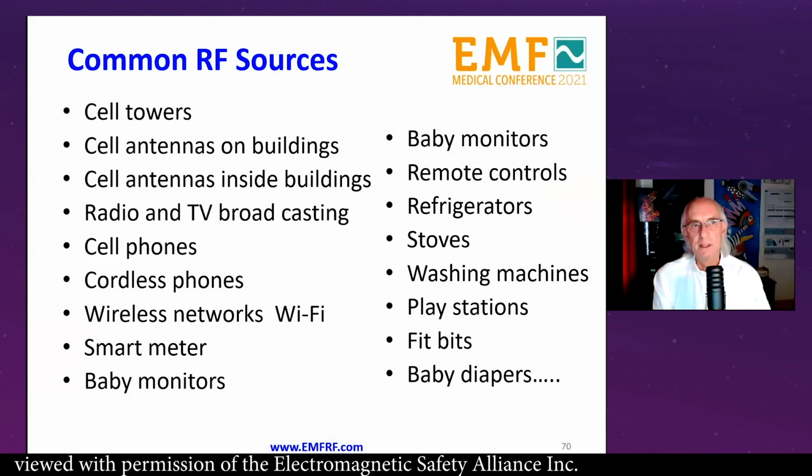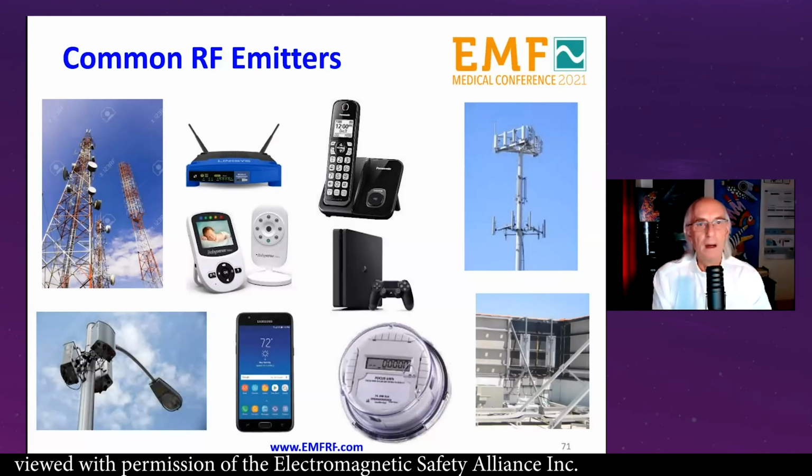It ranges from broadcast towers to cell sites to baby monitors, Wi-Fi, cordless phones, washing machines, PlayStations, Fitbits. We've even seen RF devices in diapers nowadays, so that mom gets a signal on her smartphone that the diapers are wet, right? Okay, so a plethora of different devices.